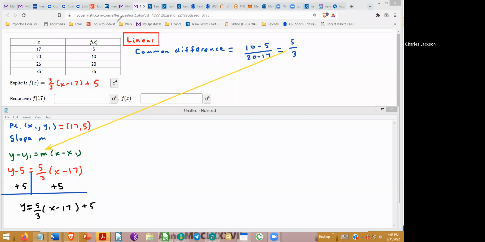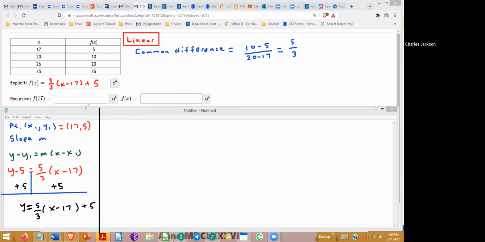Recursive. Recursive tells you how to get the next term given what the last term was for any term in the sequence.